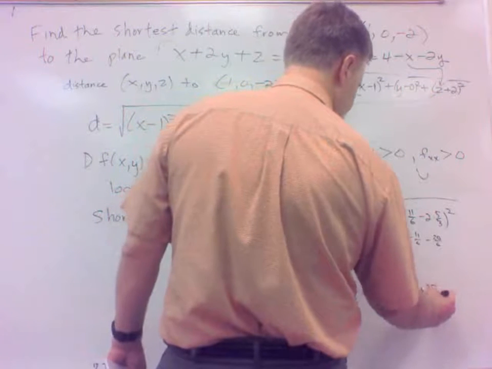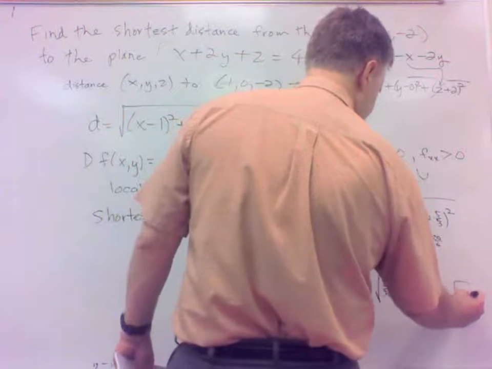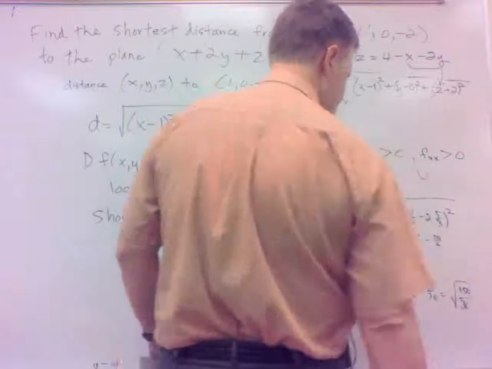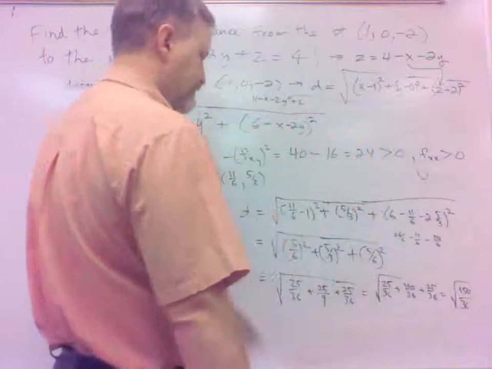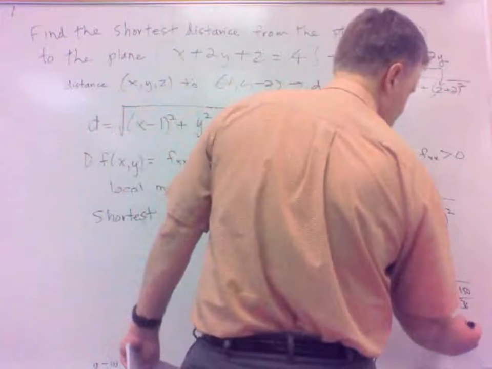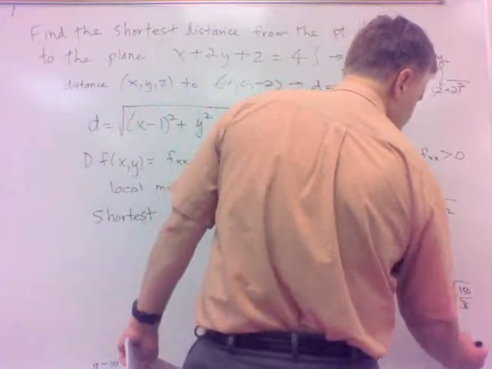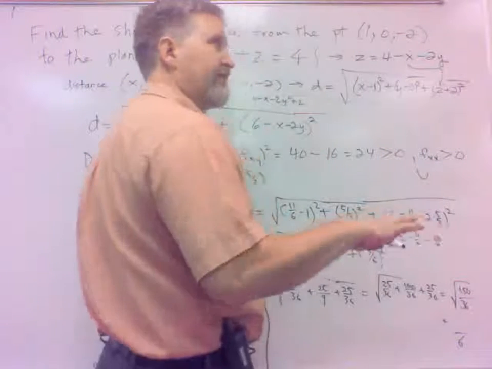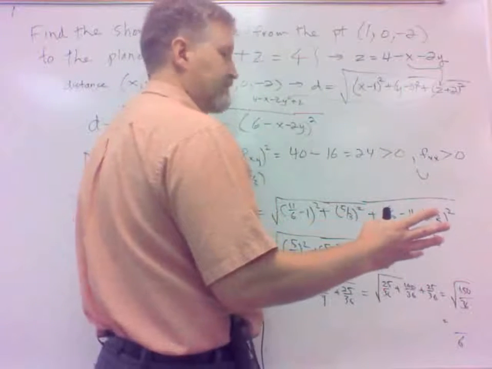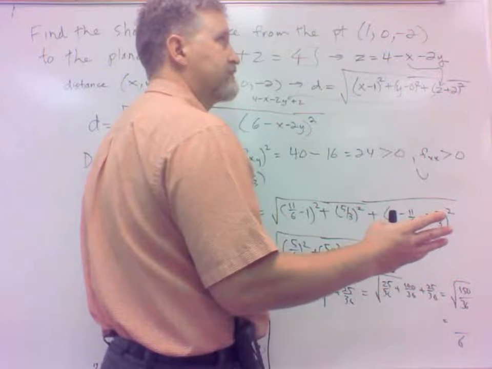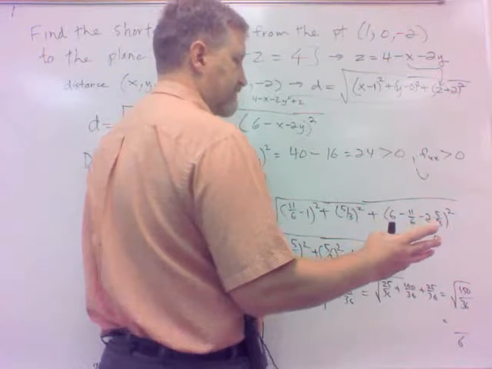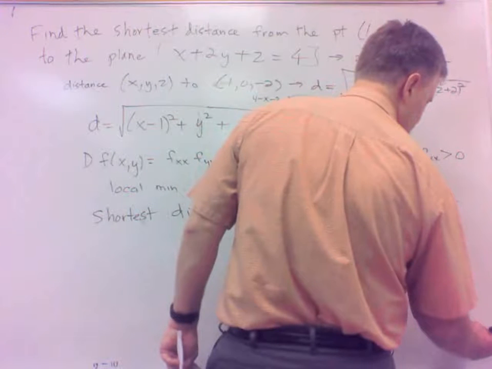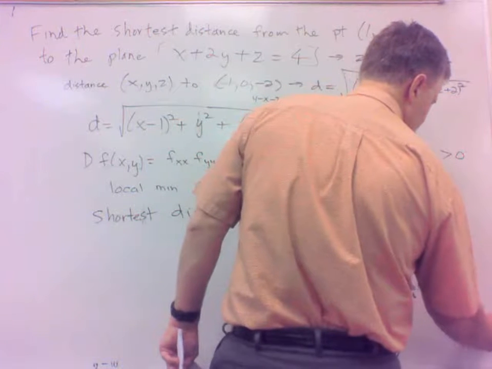Plus 25 over 36, so 150 over 36. So square root of 36 is 6. So the square root of 150, 25 and 6, right? So it'll be 5 square root of 6 over 6.